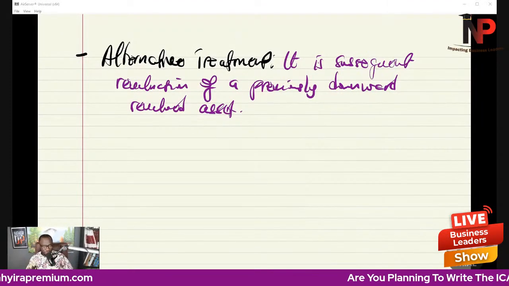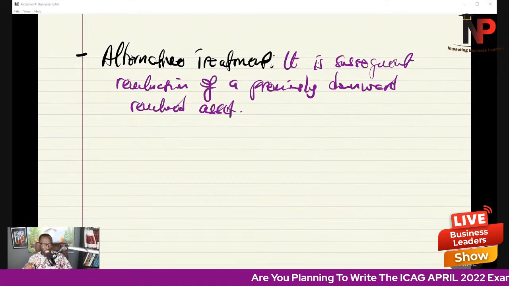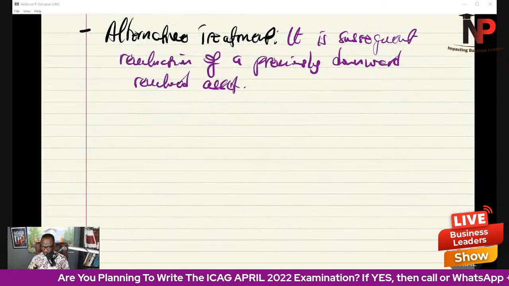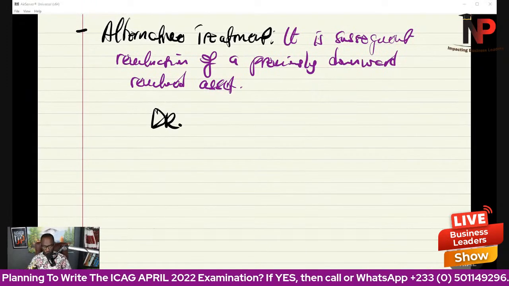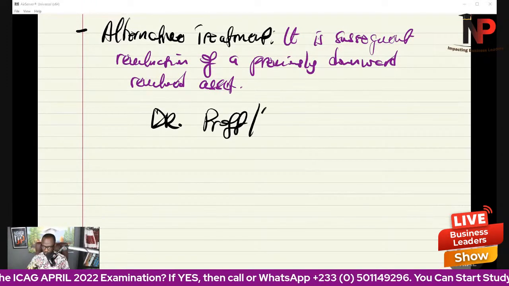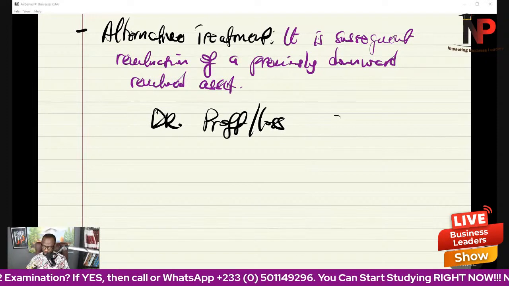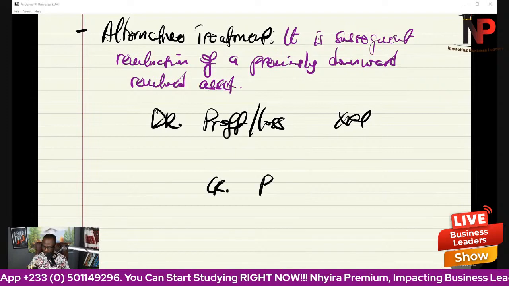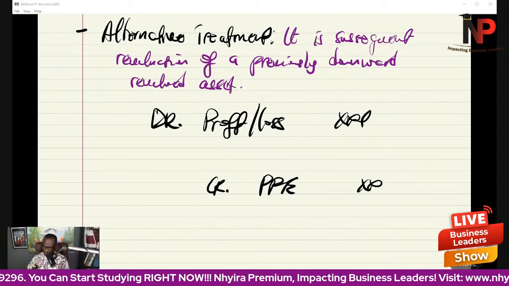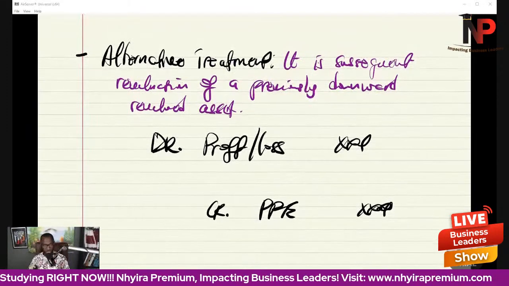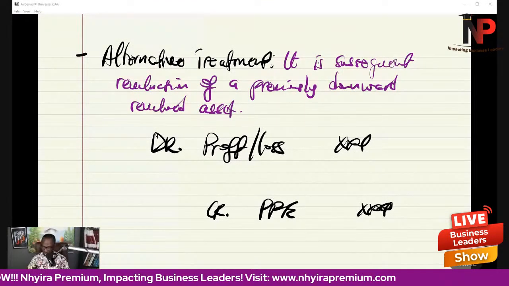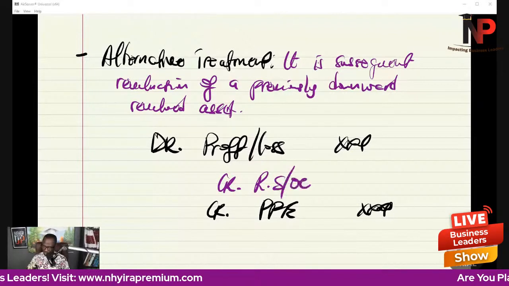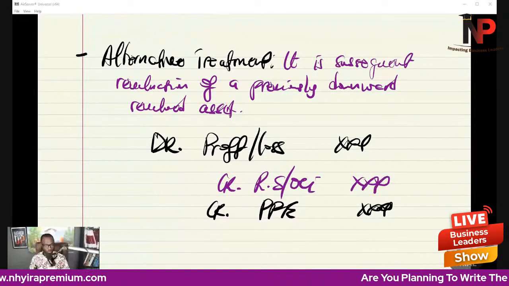So if it is a subsequent revaluation of a previously downward revalued asset, first, we're going to be debiting the profit or loss account. Stay with me carefully. Then you credit your PPE coming in. Then the balancing figure, if there is any, will be credited to the revaluation surplus in OCI. I'm going to explain that in a moment.